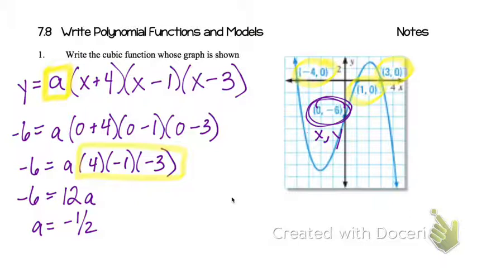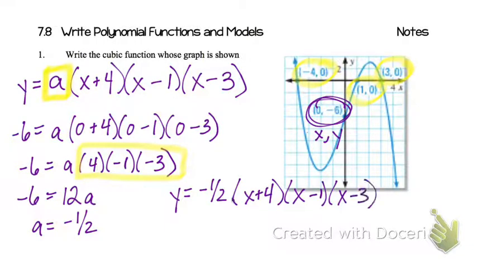Now, depending on what the problem asks you, and you're probably going to be asked to write it in standard form because your math teacher hates you, I'm going to write it as factored form first, so -1/2 times x plus 4, x minus 1, x minus 3.